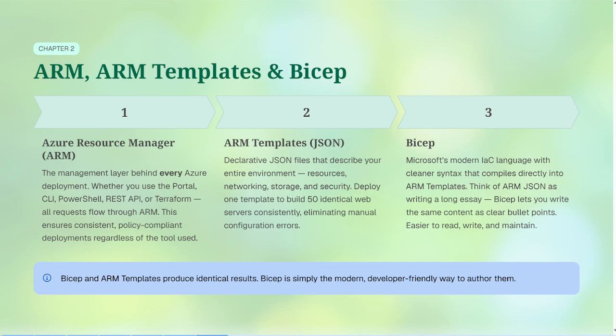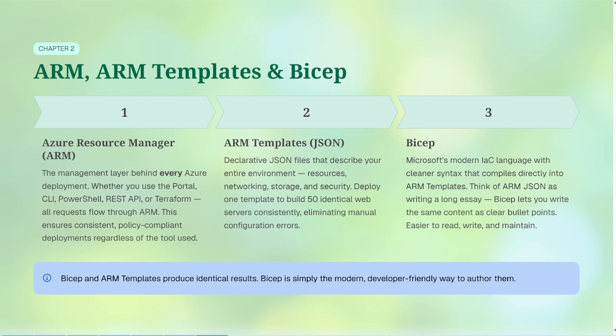Suppose a company needs to deploy 50 identical web servers for a global application. Creating each server manually would be time consuming and could lead to configuration differences. Instead, the cloud engineer writes one ARM template.